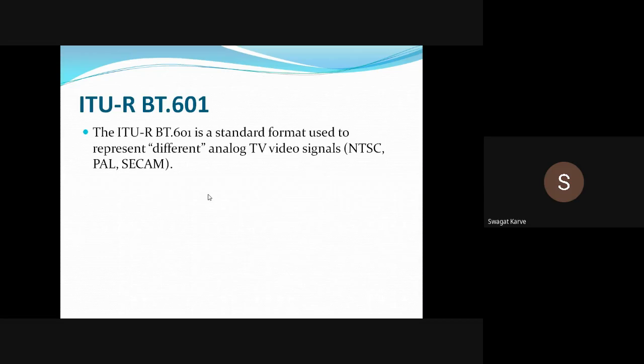Okay, in India normally we are using NTSC or PAL. I guess now some of the channel subscribers are using NTSC, some are using PAL also, but preferably in India we are using the NTSC system. Okay, now this ITU RBT 601 is a standard format used to represent different analog signals.